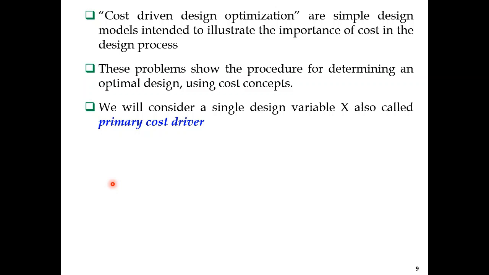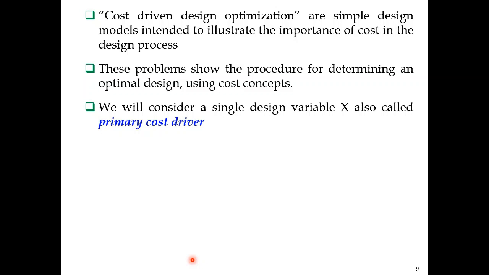We will consider a single design variable in these examples, which will be X, and it will be named the primary cost driver. Remember the example: X was the thickness of the insulation material, and the cost of the pipe that we will install or design depended on this insulation material.